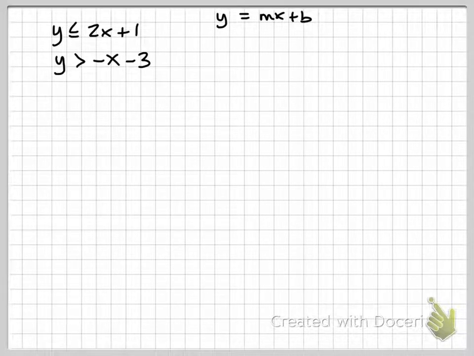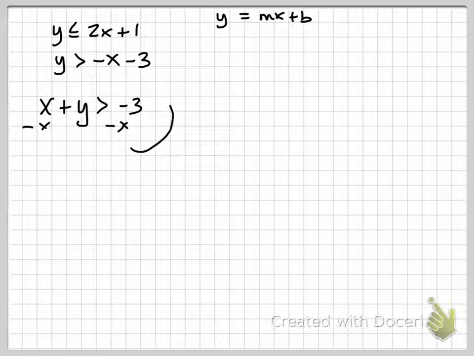If it were rearranged, like let's say it was x plus y greater than negative 3, then before we would do anything, we would have to get it into our y equals mx plus b form. So in this case, we would subtract our x, so we'd get this right here. But right now, I have them already set up, so we'll just use that.